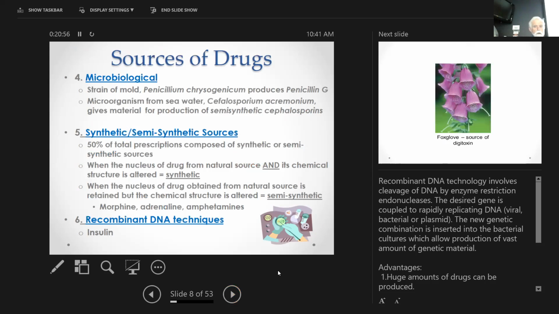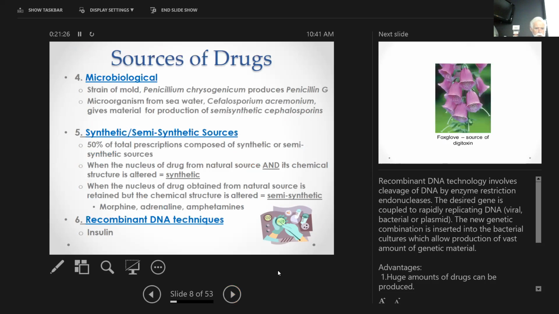Most of our drugs are synthesized these days from basic components. They're completely synthetic. In origin, we make them; we do not involve isolating them from a natural source.